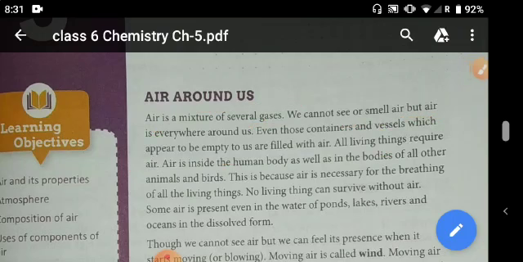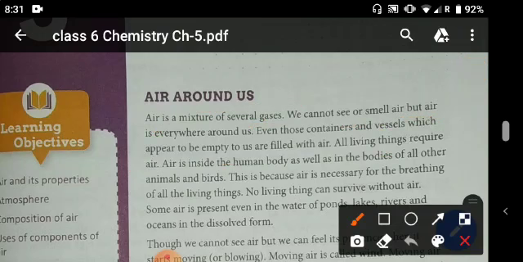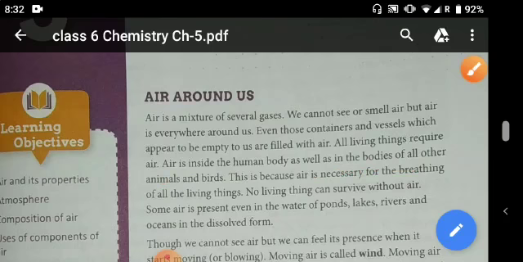For which purpose is air required? Air is required for respiration in all living beings. Air is inside the human body as well as inside the bodies of all other animals and birds.